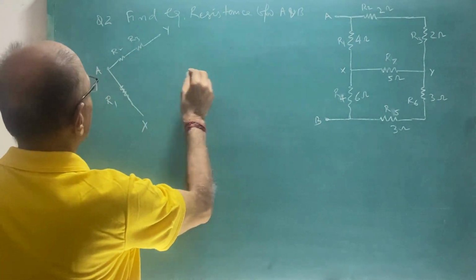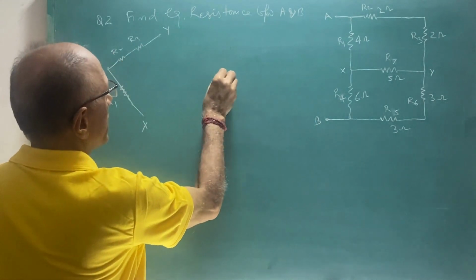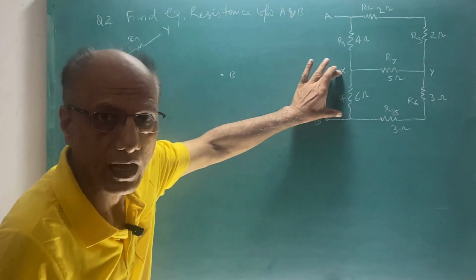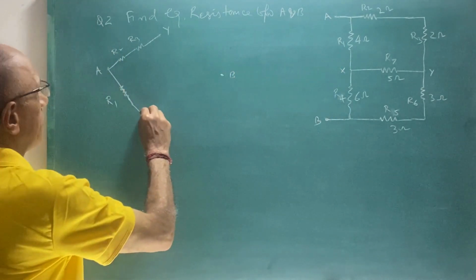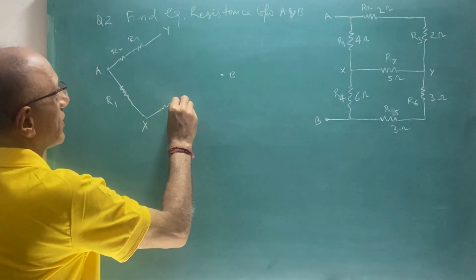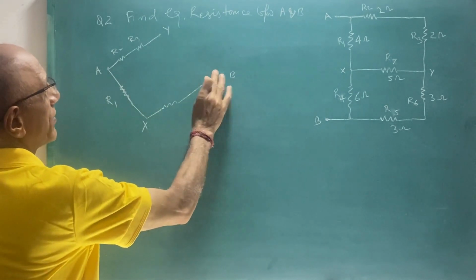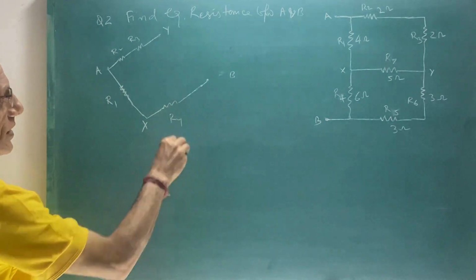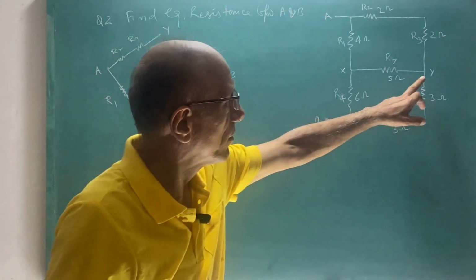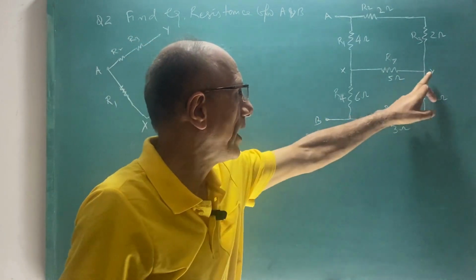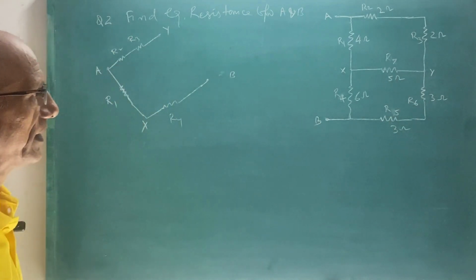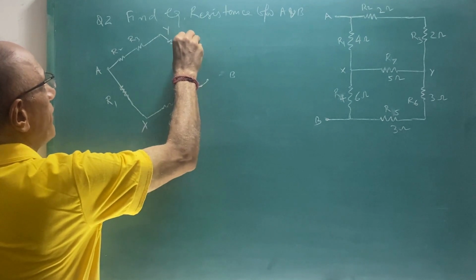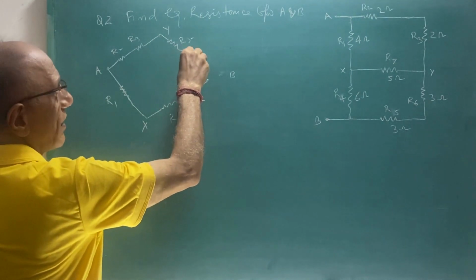If I take it exactly here, B. From B to X we are connecting R4, and between B and Y we are connecting these two, R5 and R6.